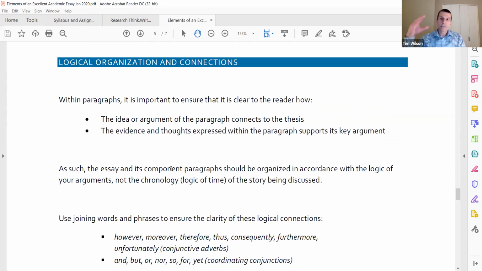Okay, so we talked about thesis, argumentation, logical organization, and connection. Also critically important, we need logical connections within the paragraphs, so the sentence leads to sentence leads to sentence, and among the paragraphs.